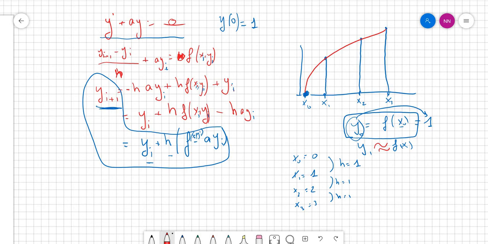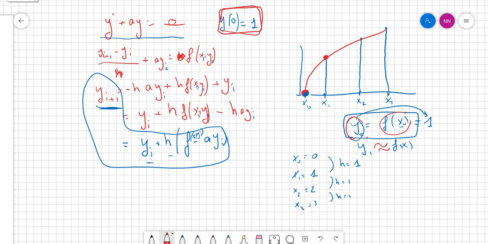Now we need to calculate y1. I will say it again: y0 is equal to f of x0, because it's given in here. We have y of 0 equals 1. We have the value of the function, so this point here is an exact point. There's no error in this point because we already know the value of the function at it. But the value of the function at x1, we don't know it, and we will approximate it.